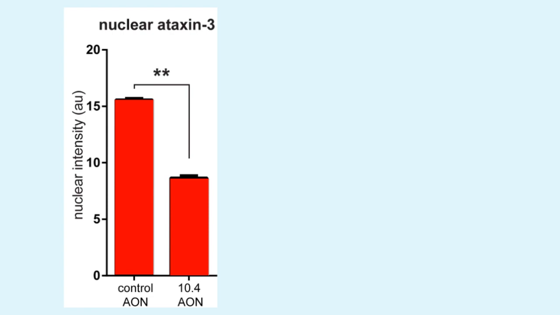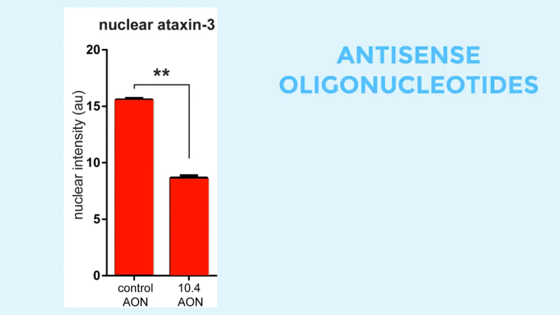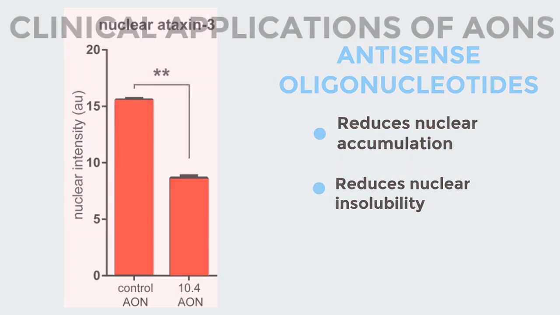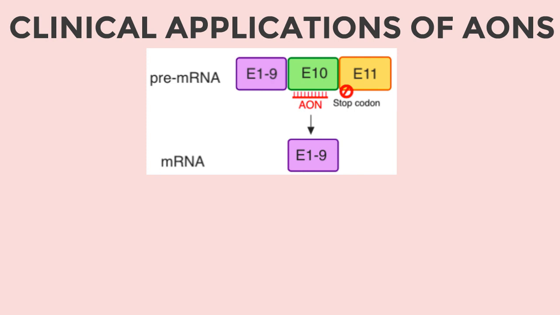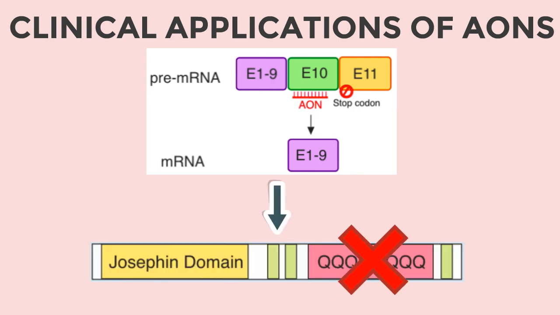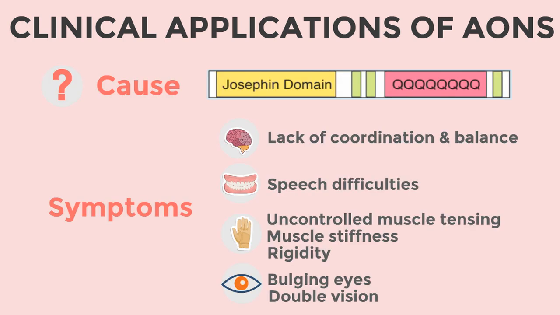Thus, the injection of antisense oligonucleotides is able to reduce Ataxin-3 nuclear accumulation and insolubility. Overall, the removal of exon 10 in ATXN3, meaning the removal of poly-Q repeats, is likely to treat the cause of the disease and not merely the symptoms.